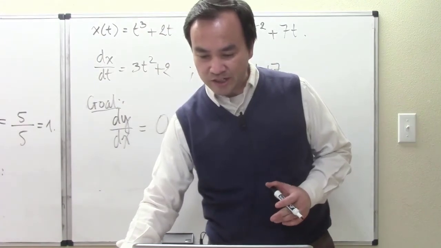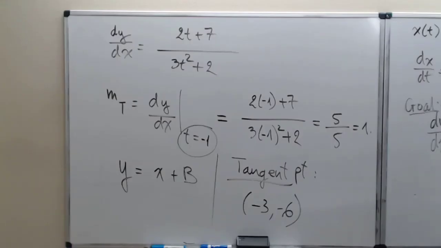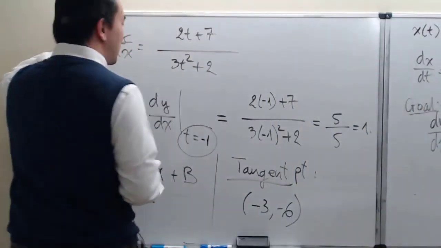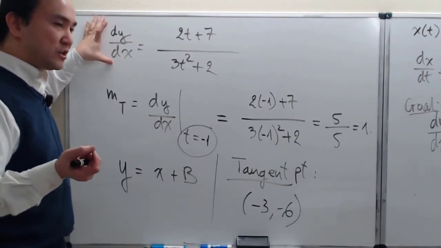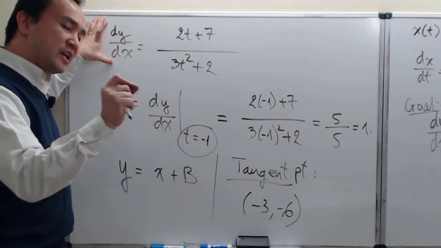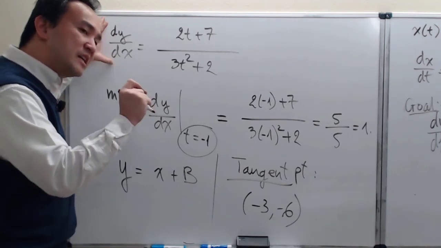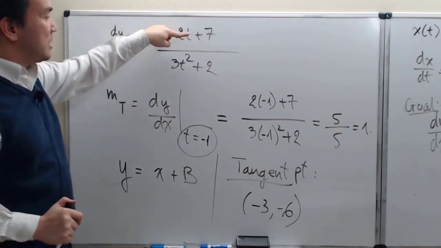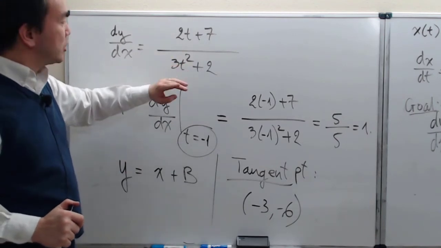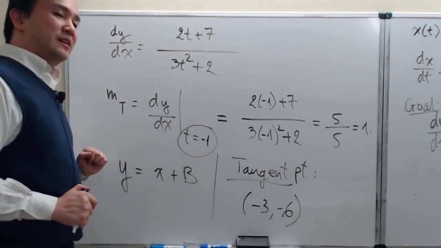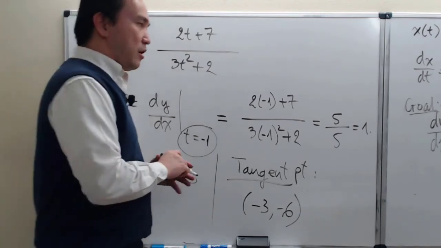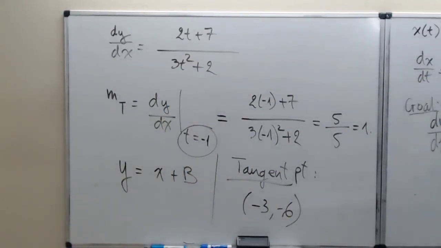Thankfully my other board is still there and not erased yet. This was our dy/dx general formula for the slope of the tangent line at any time instant t: 2t plus 7 over 3t squared plus 2, the dy/dt over the dx/dt.